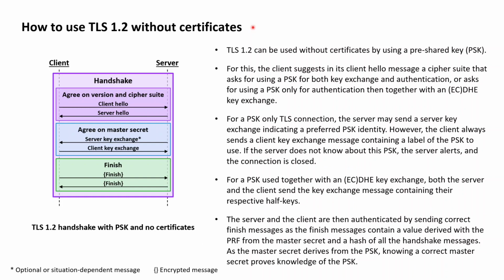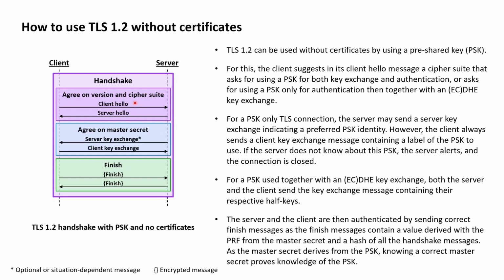TLS 1.2 can now be used without any X.509 certificates by making use of pre-shared keys. On the left side, you can see how a TLS 1.2 handshake looks like in case of using pre-shared keys without any certificates. As always, the client starts the handshake with a client hello message sent to the server.